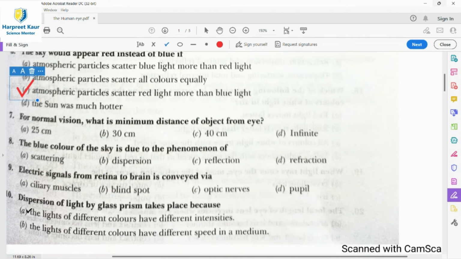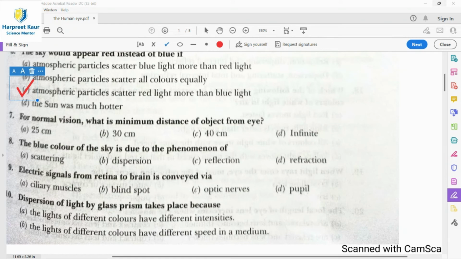Then question 7. For normal vision, what is the minimum distance of an object from the eye? For normal vision, the maximum accommodation of a normal eye is reached when the object is at a distance of 25 centimeter from the eye. After this, the ciliary muscles cannot make the lens more thick. What is accommodation?